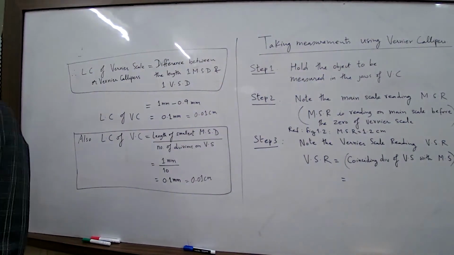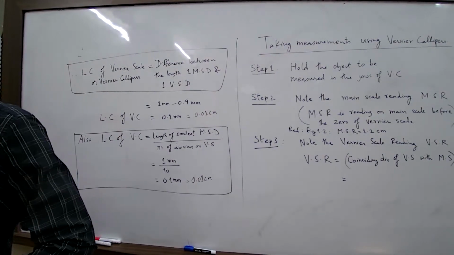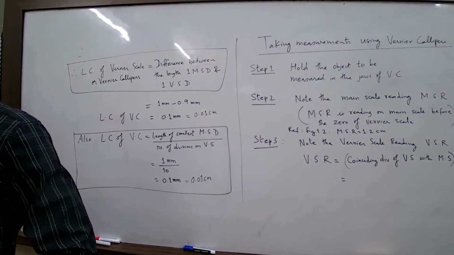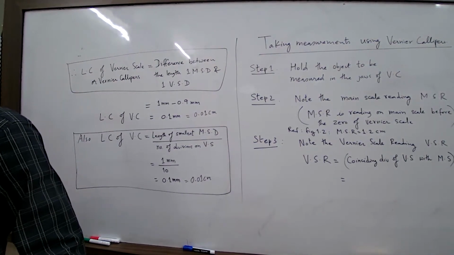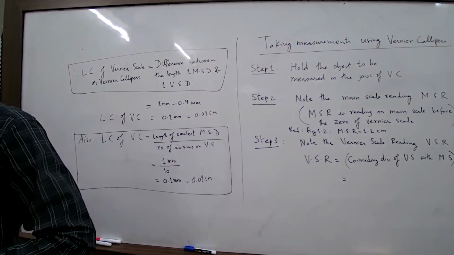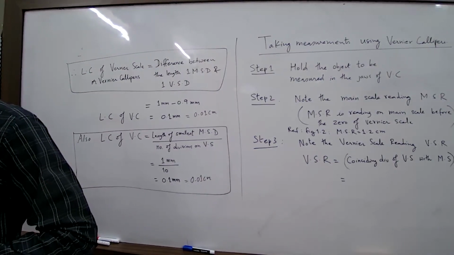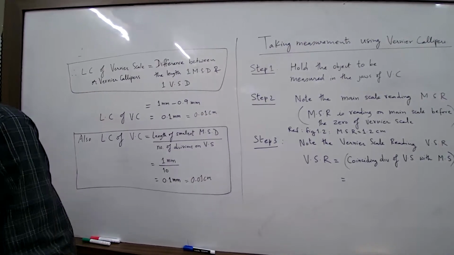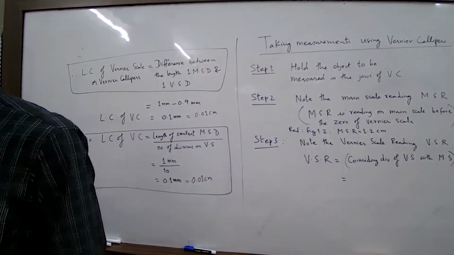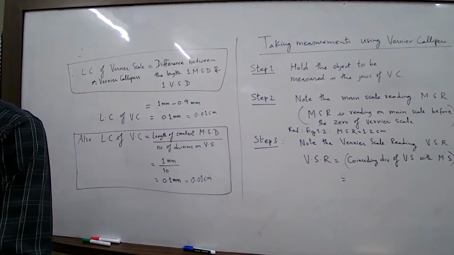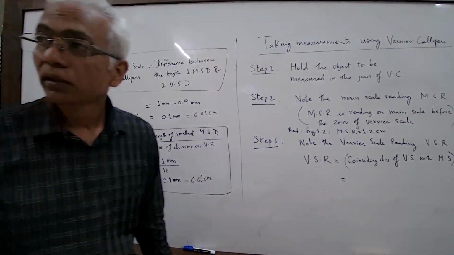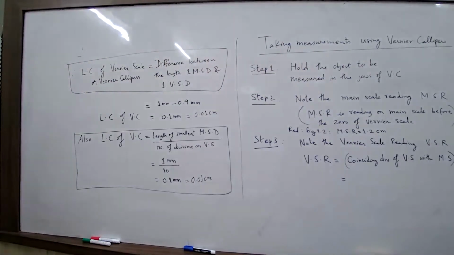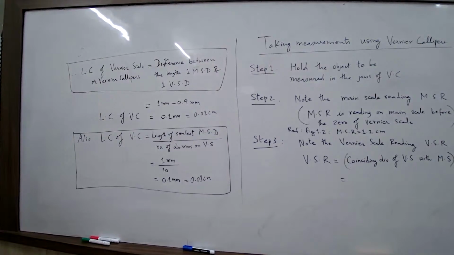Coinciding division is the division on the vernier scale which is exactly matching the main scale. So you see the fourth division on the vernier scale. 1, 2, 3, 4. The 4th is exactly matching the main scale. See, it is coinciding. Are you getting it? See the diagram.